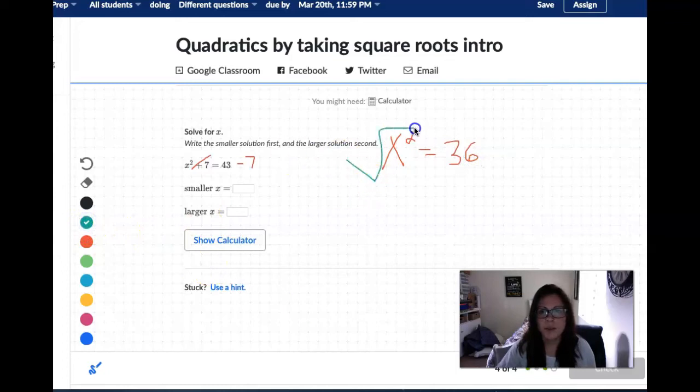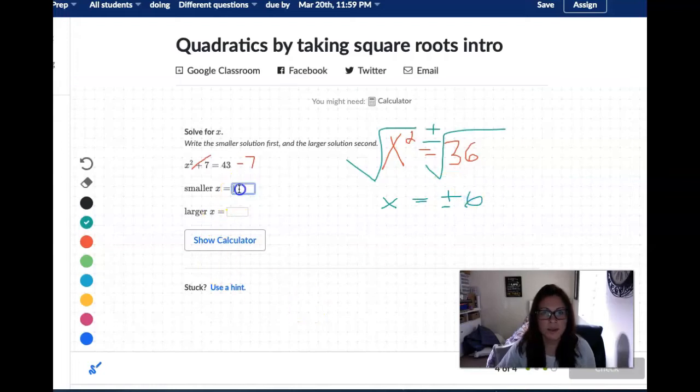Now to undo a square, we square root, and what we do to one side, we do to the other. And you do have your plus or minus. So x equals plus or minus 6. The smaller number is negative 6, and the bigger number is positive 6. Now I'm going to check. Yes.